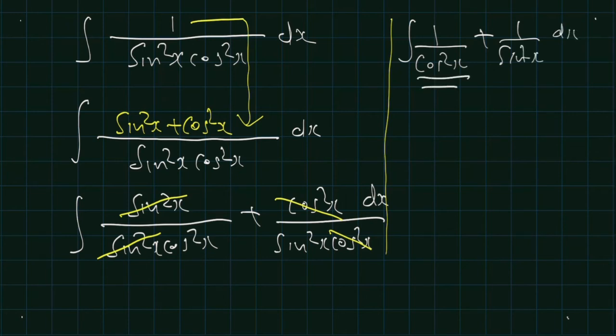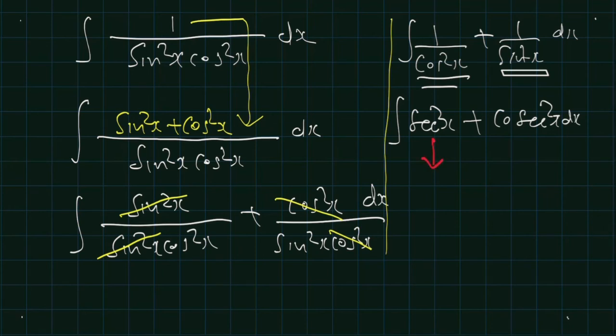Cos square x goes in the numerator, we get sec square x. Sine square x goes in the numerator, we get cosec square x. We just have to integrate. Remember the formula. Integration of sec square x is nothing but tan x. Integration of cosec square x is nothing but minus cot x plus c. We write it everywhere in the integration. That's it. Problem is solved.